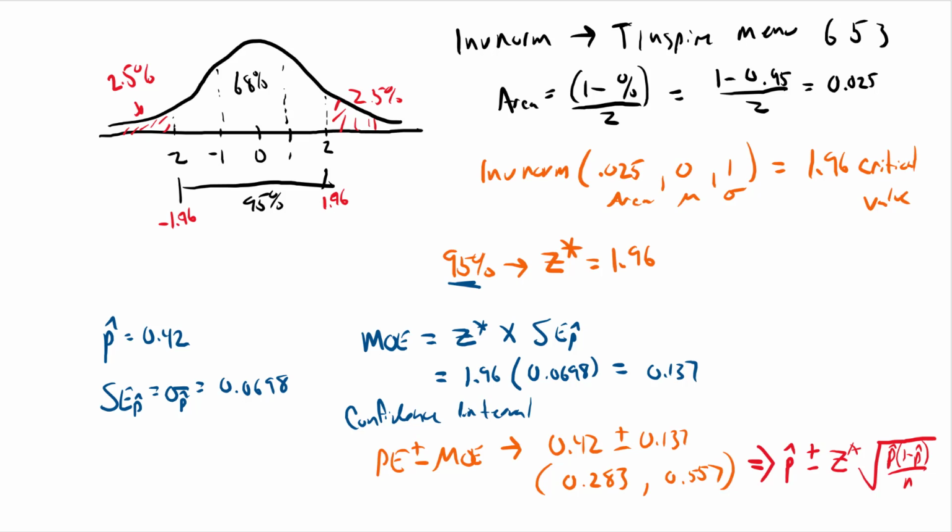And that calculated our confidence interval. Again, this is the base formula of point estimate plus or minus margin of error, but the actual root equation to use is right here: p hat plus or minus Z star times the square root of p hat times 1 minus p hat over our sample size. Okay? And that gave us our interval.